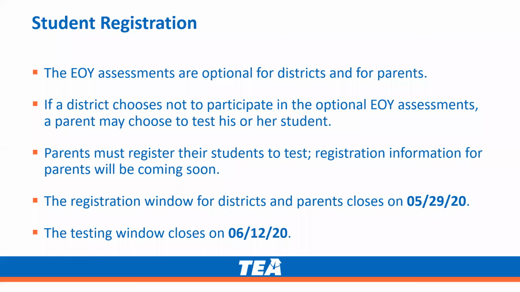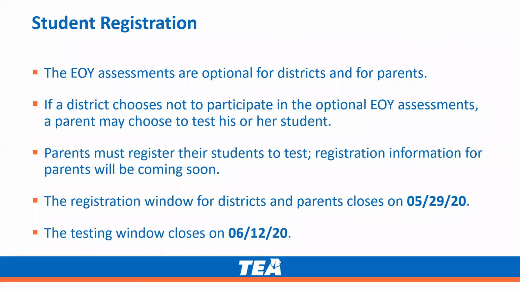So starting with student registration, let's talk about the optional assessments as far as districts who are not going to participate in the optional end-of-year assessments. If you are a district and you choose not to participate, we will still have the availability for parents to choose to test their students.